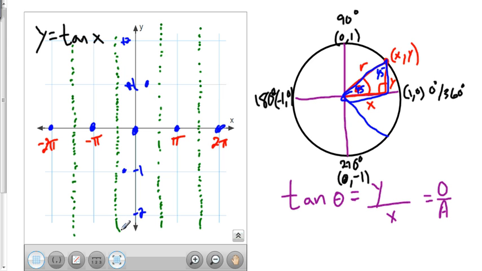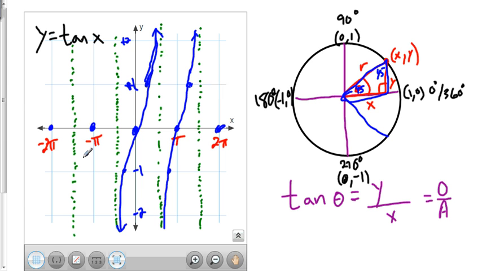And our graph looks something like this. And it goes up forever and ever, gets closer and closer to the vertical asymptote without crossing. Same is true down here. And then we just keep repeating this over and over again. Okay, and that is the graph of y equals tangent x.